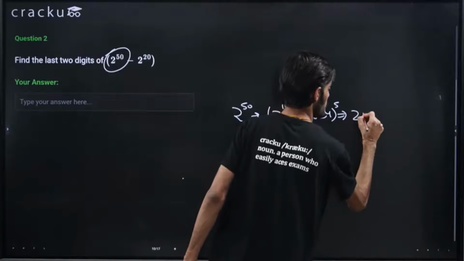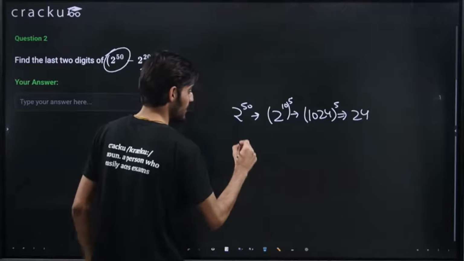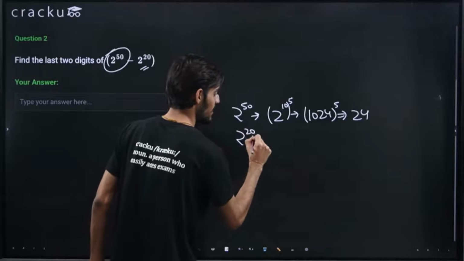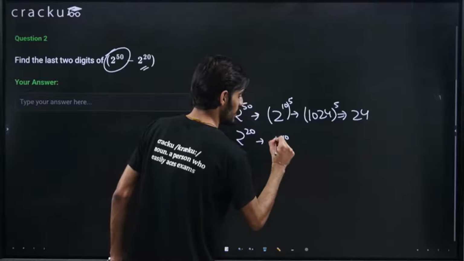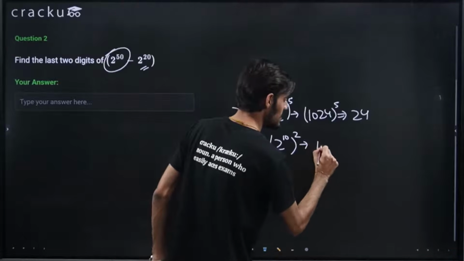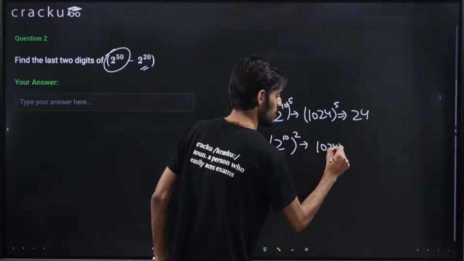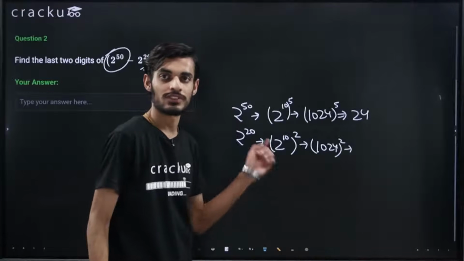For 2 raised to power 20, it is 2 raised to power 10 squared, that is 1024 squared. Because it is an even power, the last two digits will be 76.